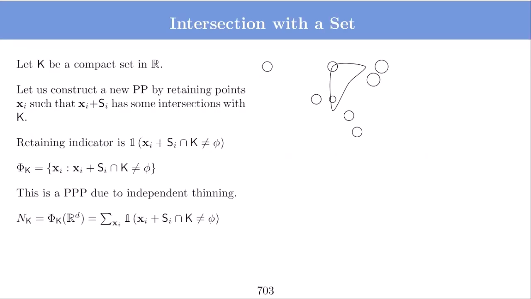So we can say N_K, the number of grains which intersect with K, is the total number of points in the derived point process in the complete space R^d, given by the summation over all xi of the indicator that the grain intersects with K.